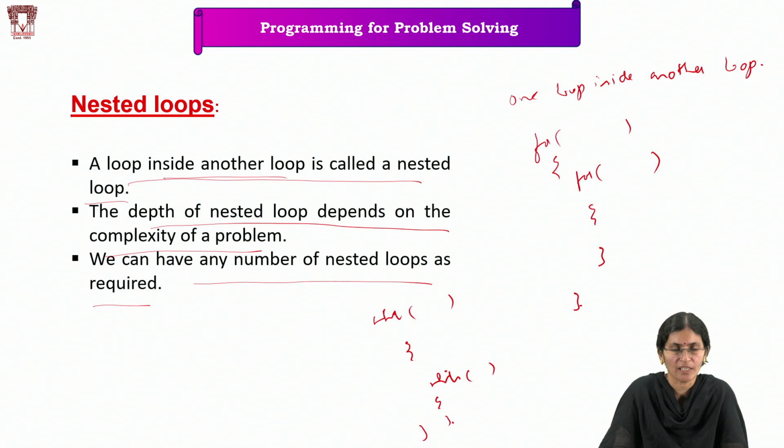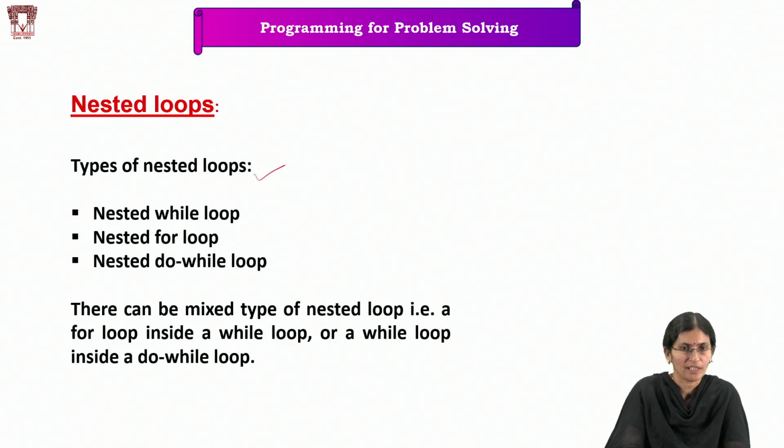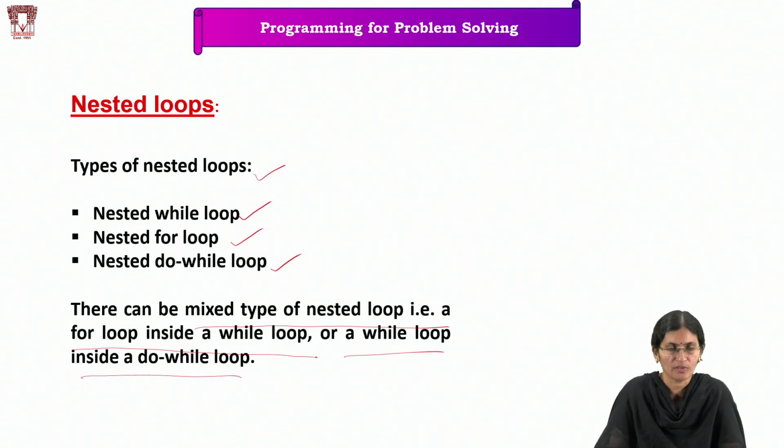In this way, we can have any combination of the three different types of loops which we have seen: for loop, while loop, and do while loop. These are the different types of nested loops: nested while loop, nested for loop, and nested do while loop. There can also be mixed types of nested loops, a for loop inside a while loop, or a while loop inside a do while loop.